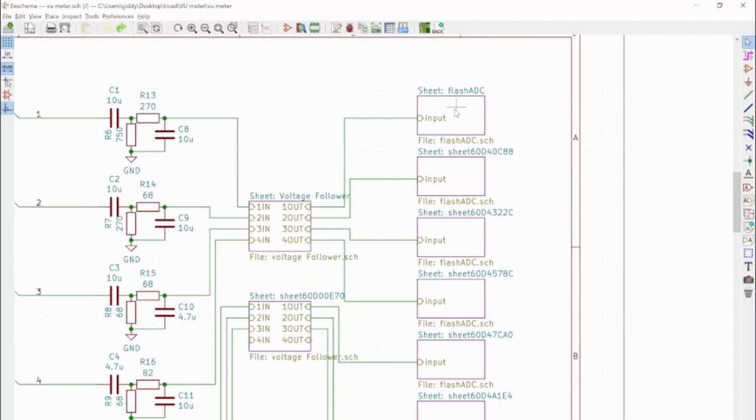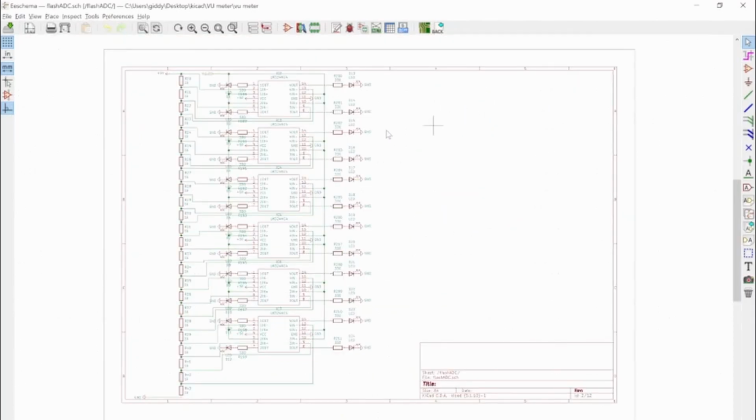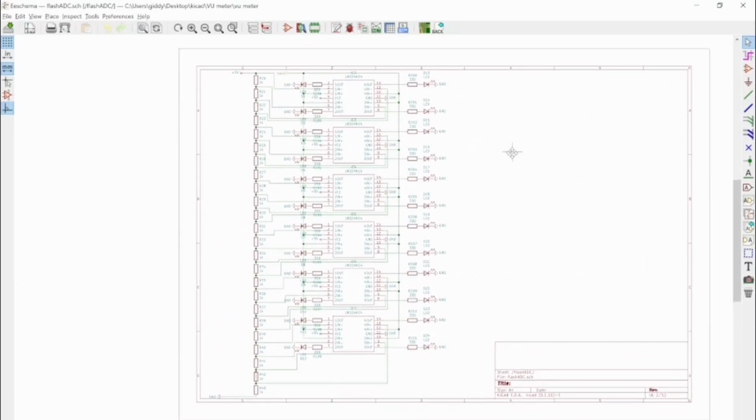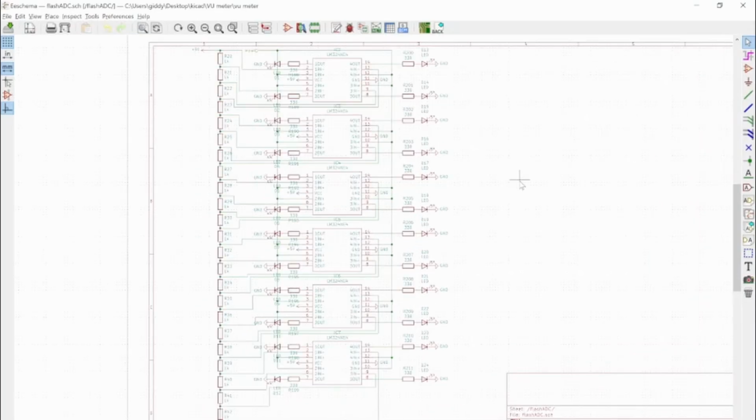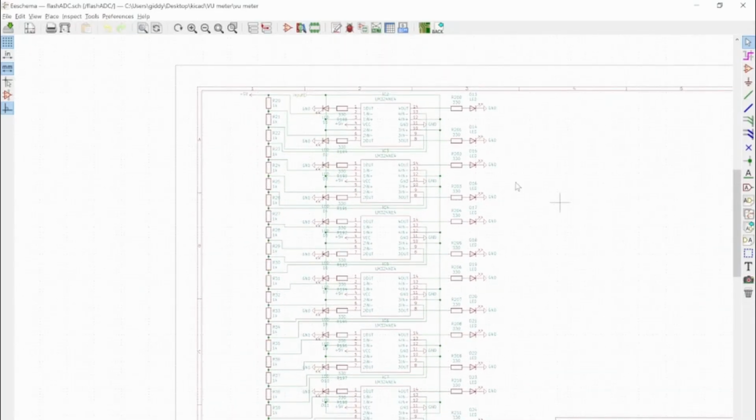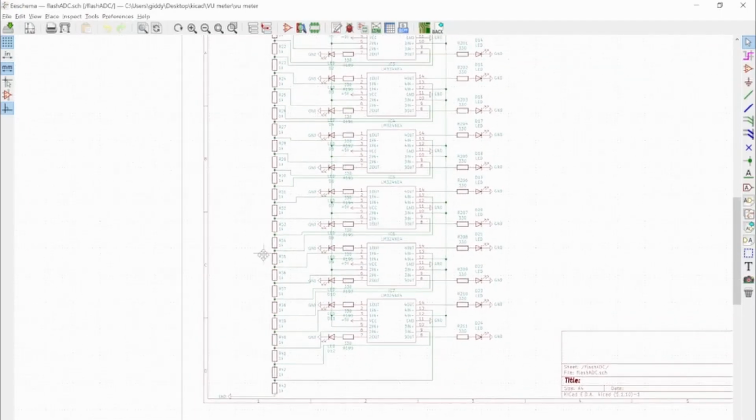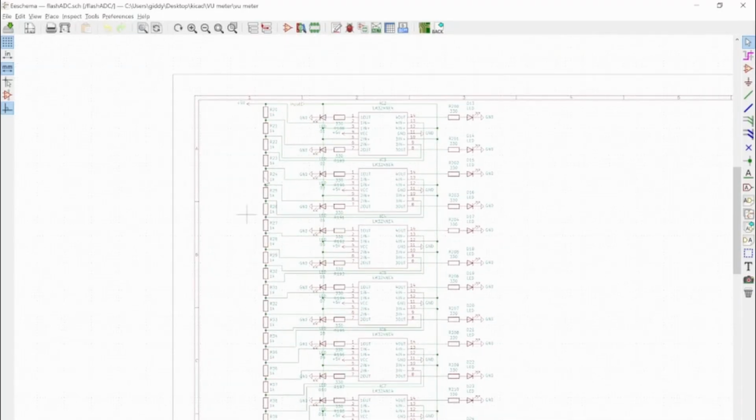So if we have a quick look in here, this is what an analog to digital converter kind of is. We've got 5 volts up at the top of this resistor ladder here, ground at the bottom, and between each resistor there'd be a different voltage. If you've done a potential divider, you just have 2 resistors with a voltage in the middle.